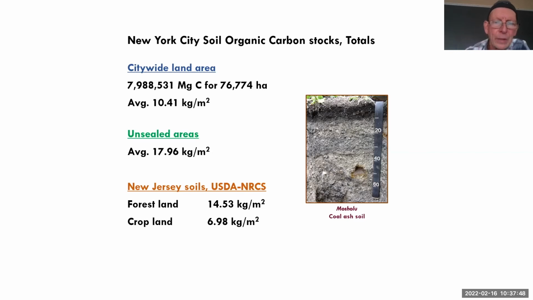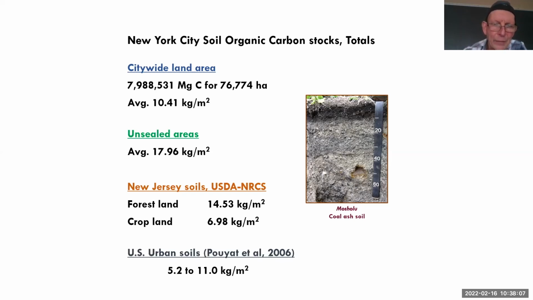So if you were to look at the citywide average, it's higher than the values for cropland in New Jersey. And if you were to look at the average in unsealed areas in the city, that's actually higher than the forest land in New Jersey. So that's a considerable amount of carbon.